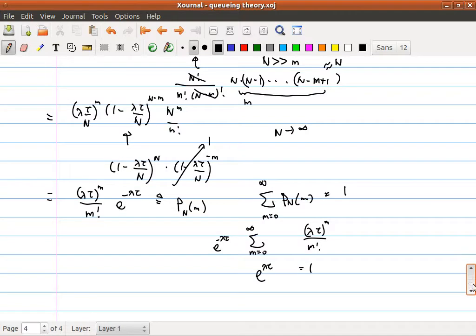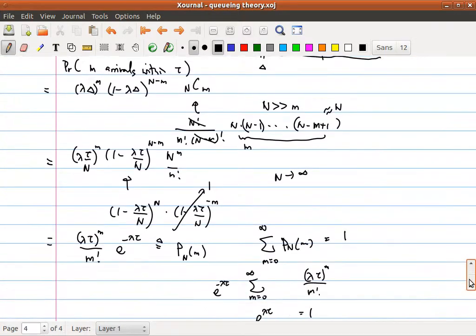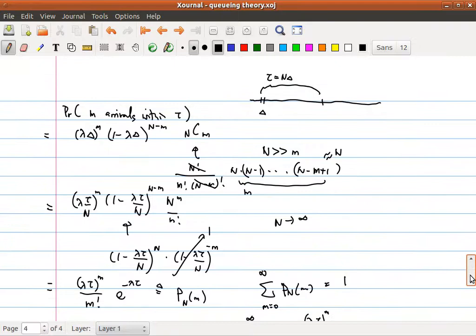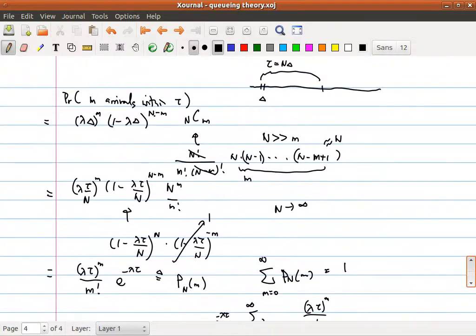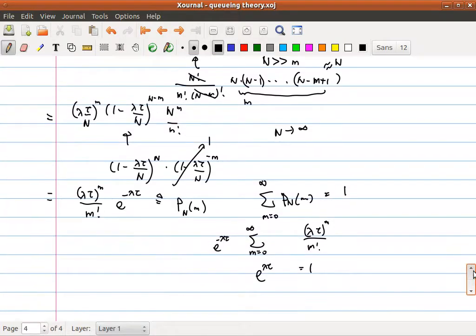Okay. So anyway, that's what we derived this time, basically the distribution of the number of packets arrived within a particular interval for a Poisson process. And actually, this distribution, which is of course a discrete distribution for a discrete random variable, is called the Poisson distribution.